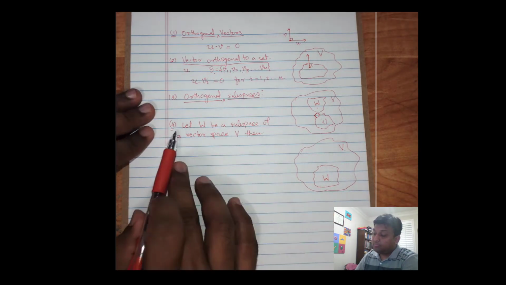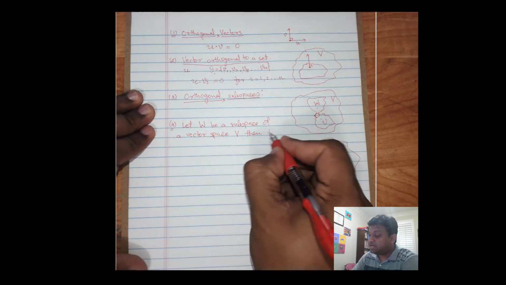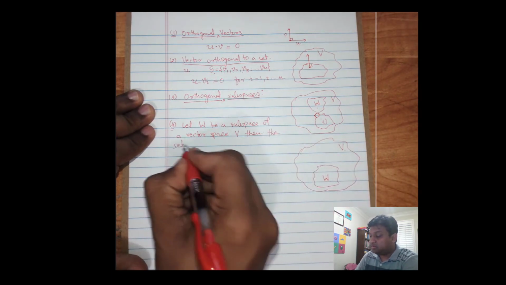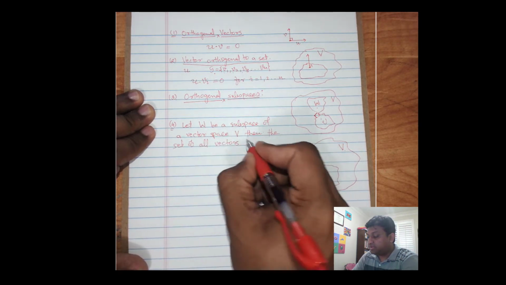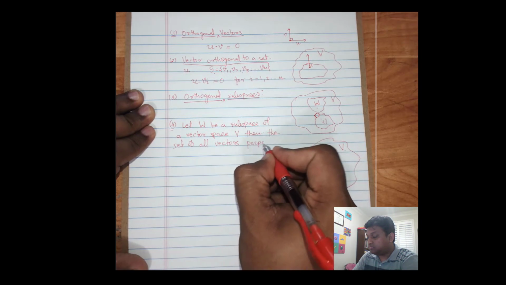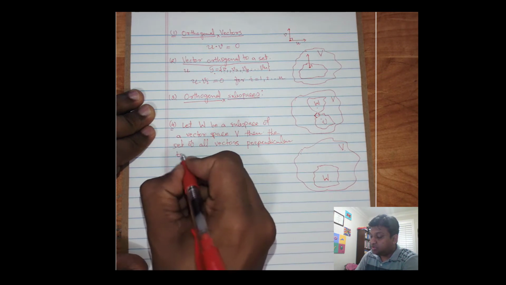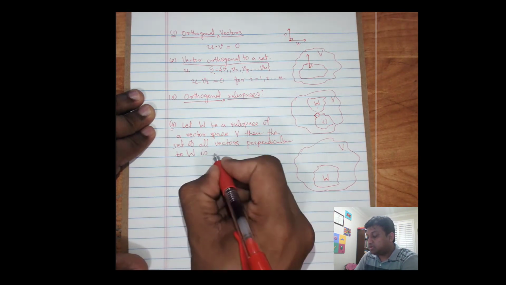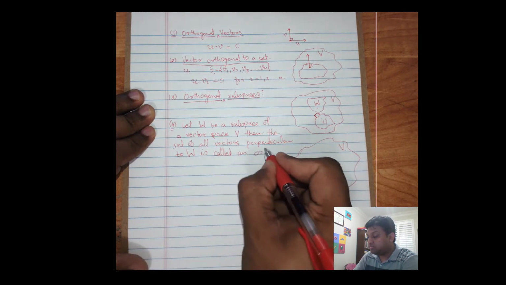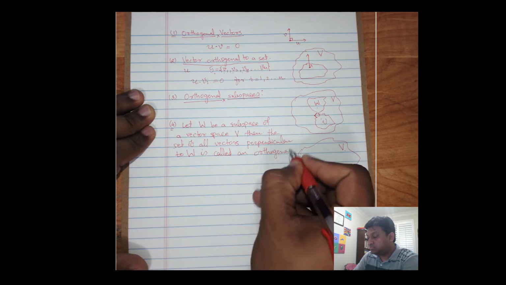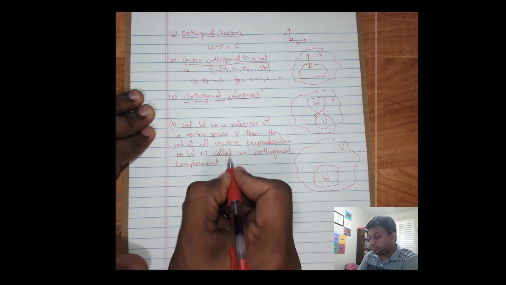So suppose W is a subspace of a vector space V, then the set of all vectors perpendicular or orthogonal to W is called an orthogonal complement of W.